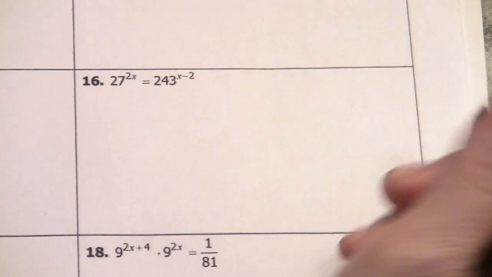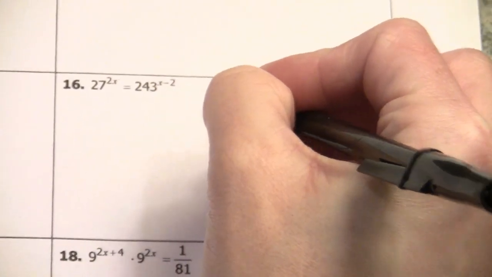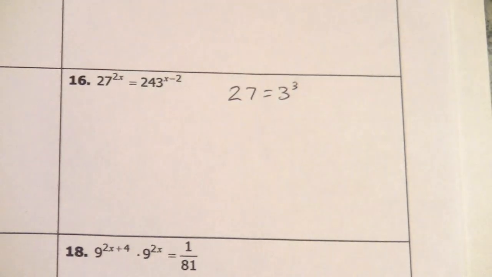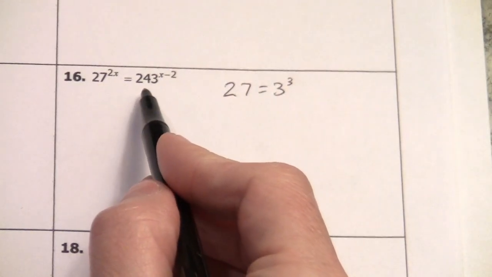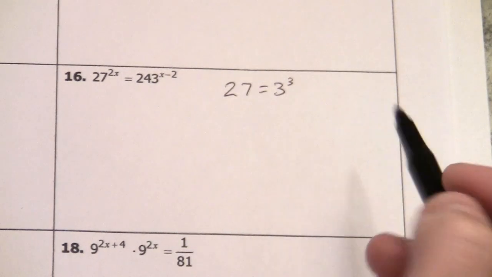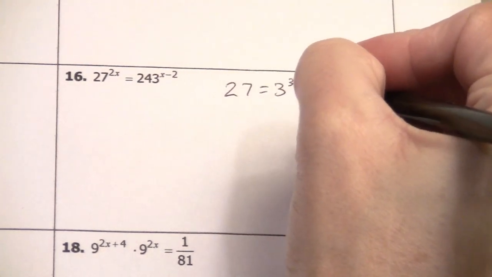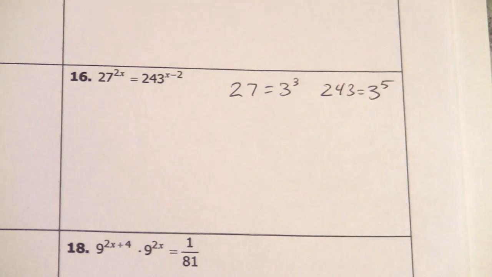So you're going to figure out that 27 equals 3 cubed. Okay, and 243, if you work your way up, it's going to be 3 to the 5th power. Again, doing this kind of by playing around in your calculator.